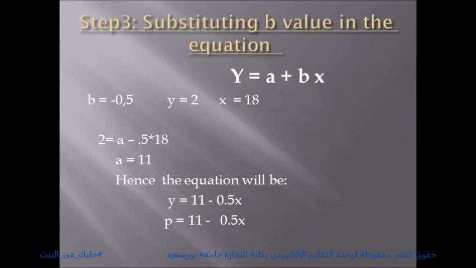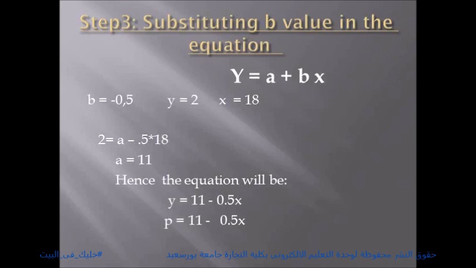So 2 equals a minus 0.5 multiplied by 18, so a equals 11. Hence the equation will be y equals 11 minus 0.5x. We can change y to P, the price, and x to the quantity demanded QD, as given in the example.